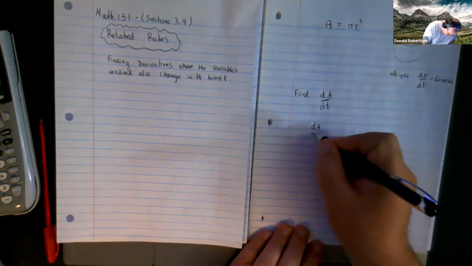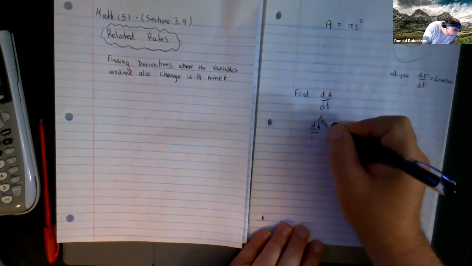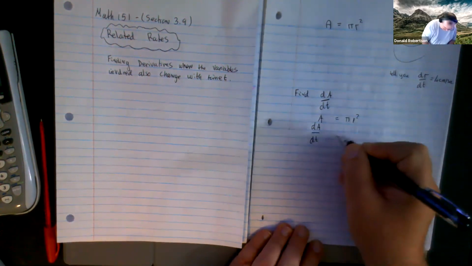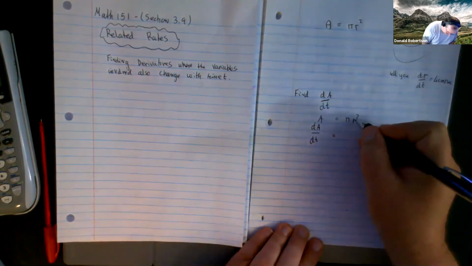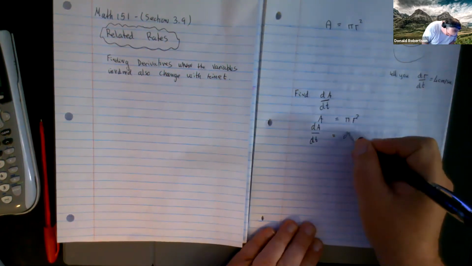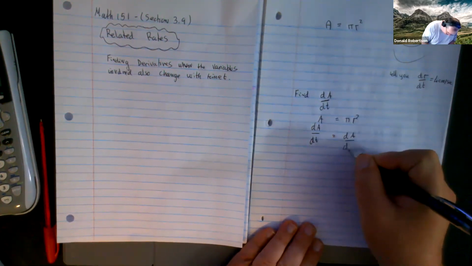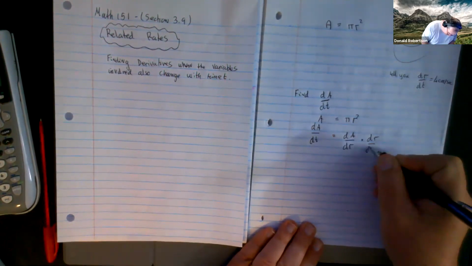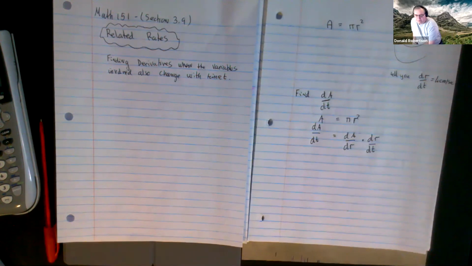Well, if I start with the original formula again, dA by dt is the derivative of A with respect to r times the derivative of r with respect to t. Essentially, it's a chain rule formula. It's just written in a way that you might not be familiar with.